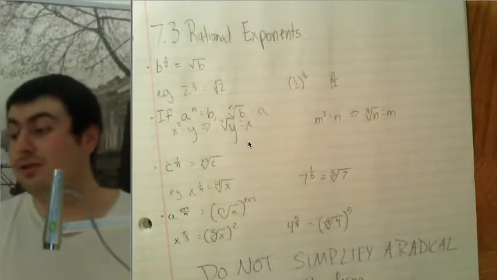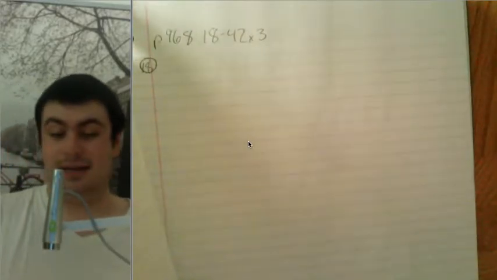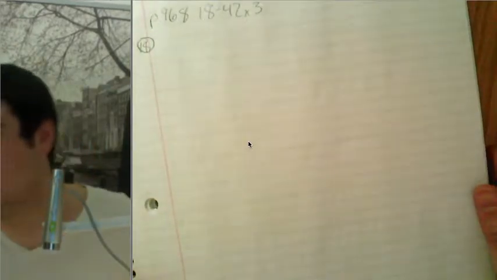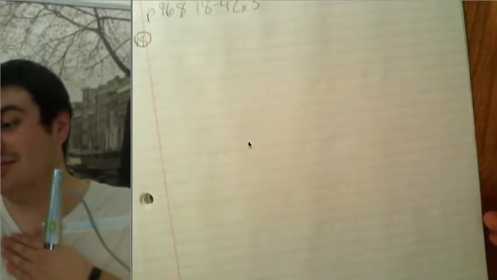So when we look at the practice problems on page 968, we're going to use the directions from the first set, so from 17 through 24. Write each expression in radical form, or write each radical in exponential form.